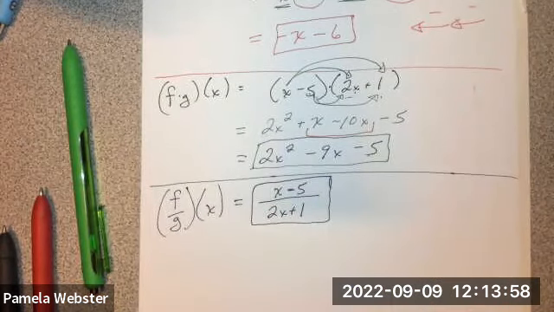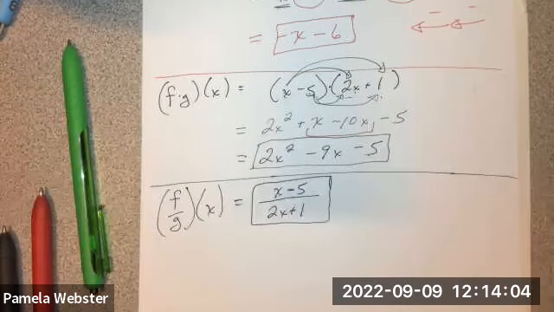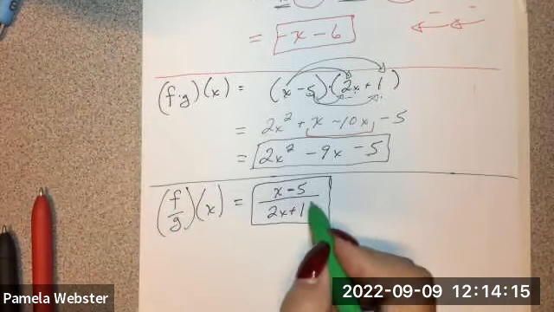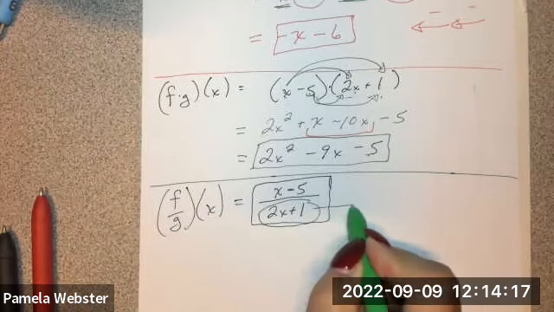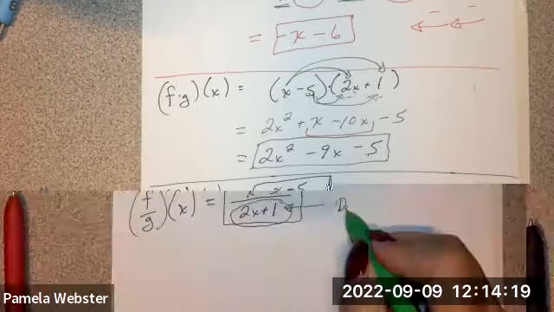Okay, so this is my answer. I actually don't have to do anything to simplify that. There's not a way to like do anything crazy to get the x's on top. So that's my answer. So this is actually less math work as far as that's concerned, but then I have to worry about this denominator. I'm going to worry about domain.